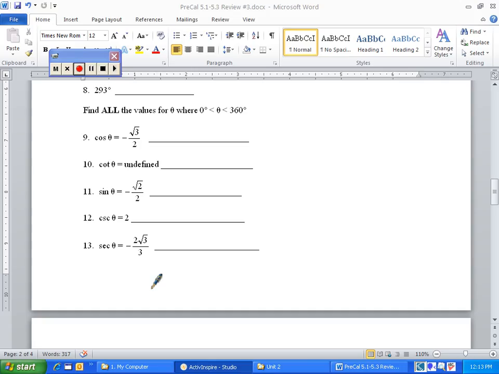Well, I only see square root of 3 over 2 in 4 places. I see it at 30, at 150, 210, and 330. Since I'm looking for a negative, I can't use the first and fourth quadrant, so I'm going to cross out these 2 answers, meaning that my answer will be 150 and 210.